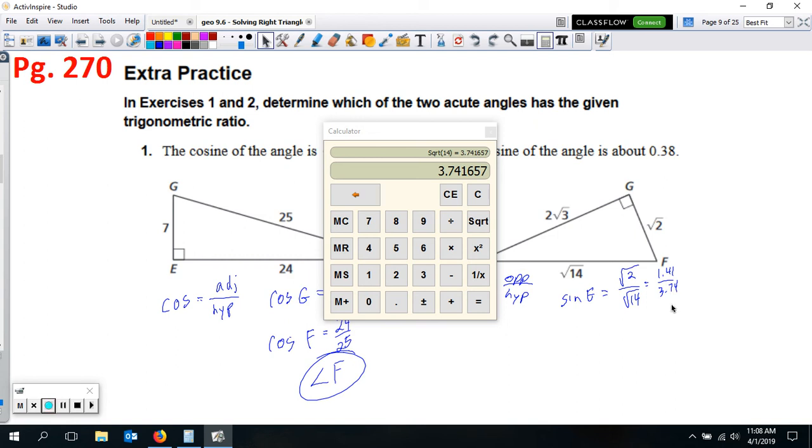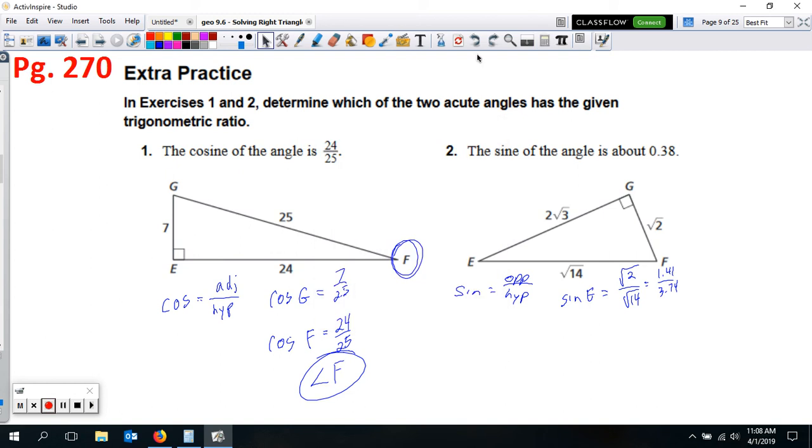Then we divide: 1.41 divided by 3.74 is approximately 0.38, rounding it to 0.38. So that's it. It's E. We don't even have to look at F because we figured out that it was E first.